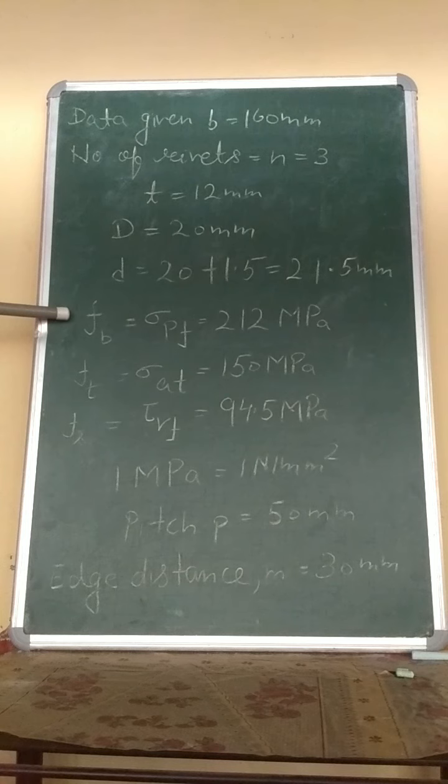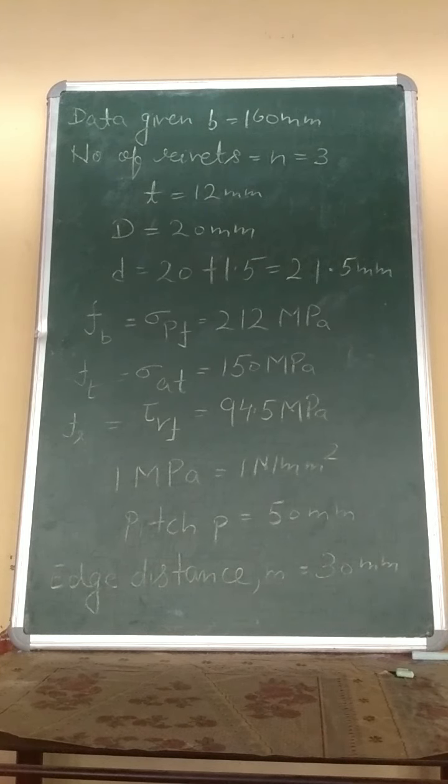FB sigma PF is the safe bearing stress, FT sigma AT is the safe tearing stress, and FS tau VF is the safe shearing stress.